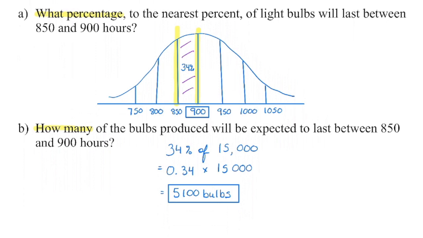That means we don't need to spend time calculating the z-score. We can look at our formula sheet and see that 34% of the data falls within this range. So that is going to be our answer. 34% of the light bulbs are expected to last that length of time.